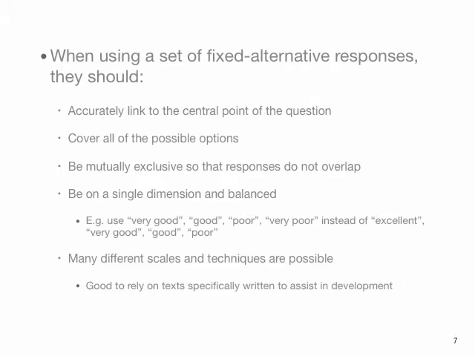Now you can use different scales, different techniques, things like that Likert type scale, which is things like, very good, good, poor, strongly agree to strongly disagree. There's also things like what's called a semantic differential, which are kind of like a polar opposites question.